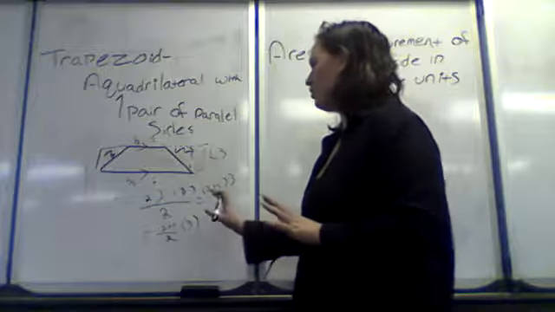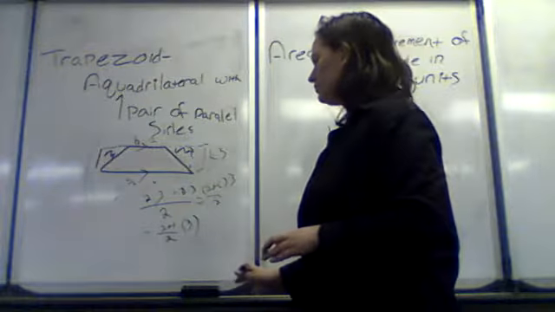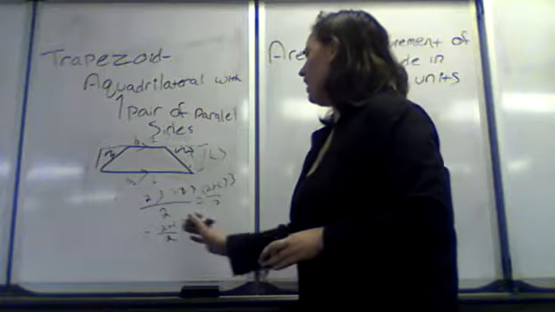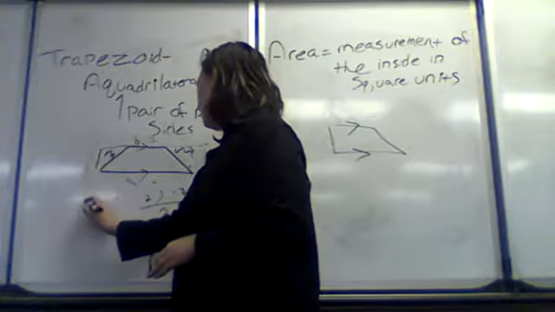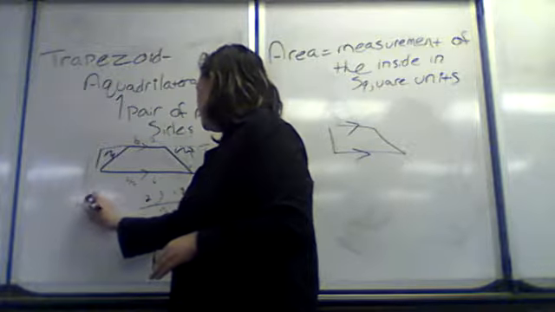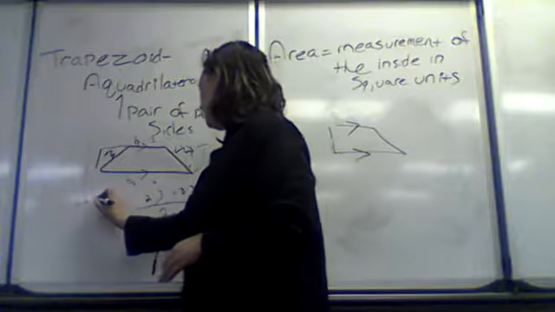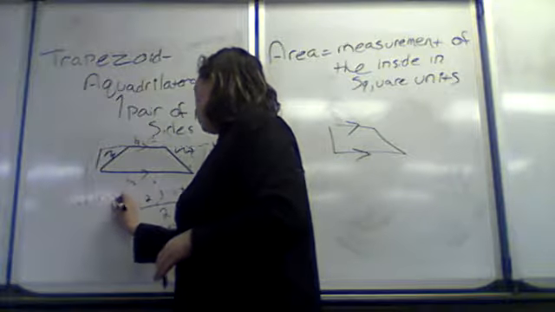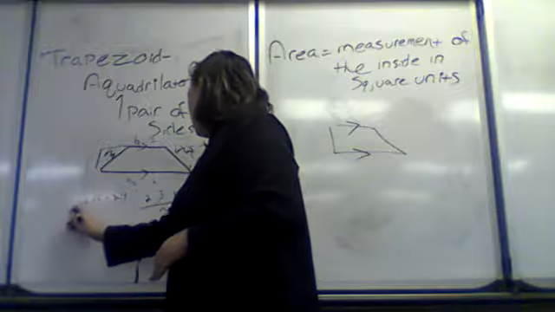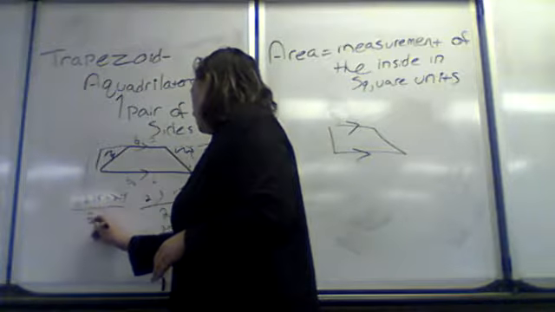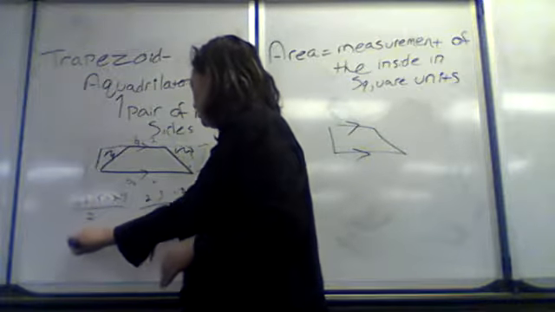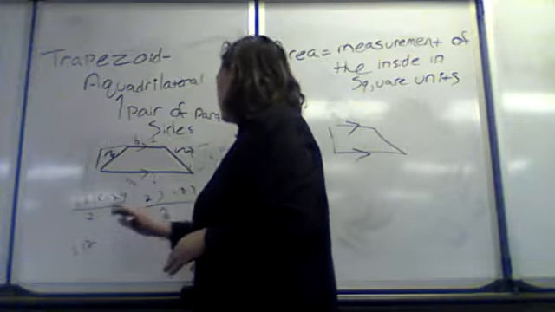So it depends on how you want to solve it. All of these will work. For example, you can have 2 times 3 is 6, plus 6 times 3 is 18, equals 24, all divided by 2 equals 12. This is going to work no matter how you do it.